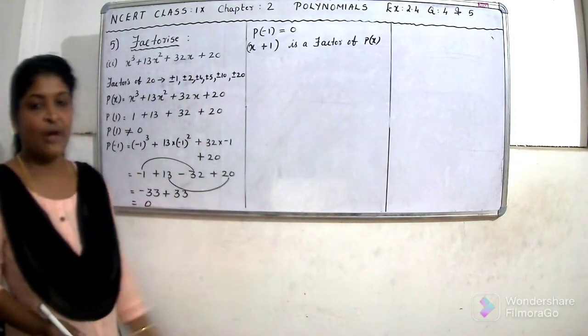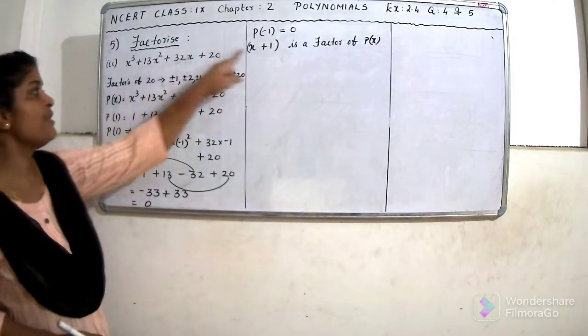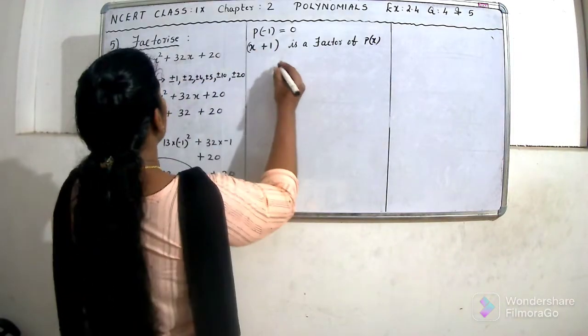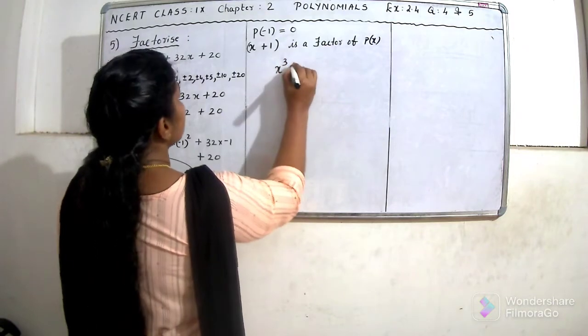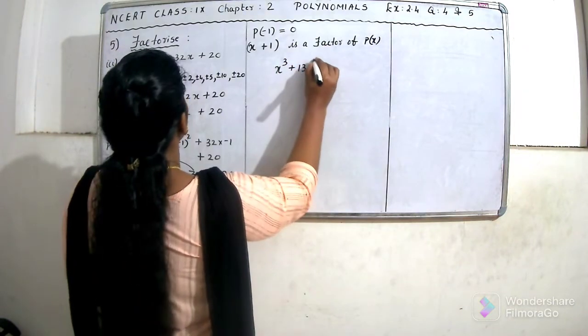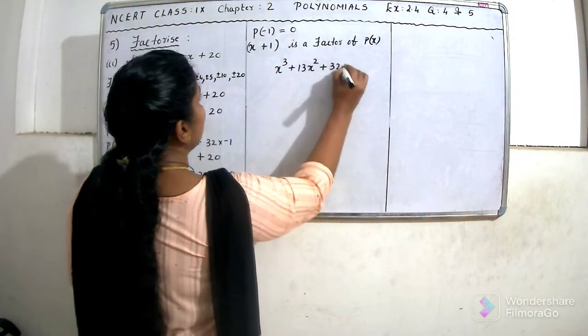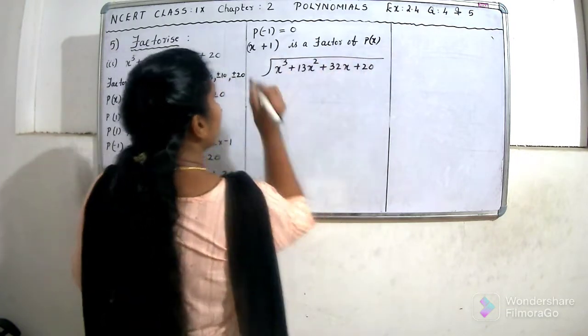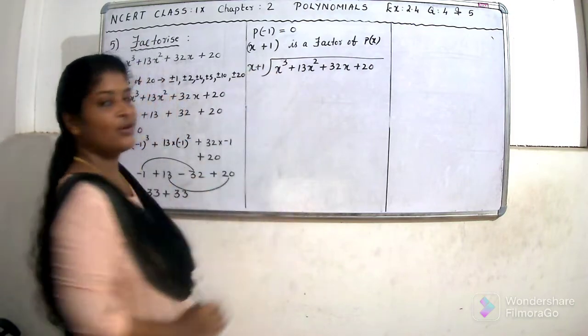Okay, now we have to find the other factor. For this we have to divide these two. So the division process we are doing: x cube plus 13x square plus 32x plus 20, which we are dividing by x plus 1.